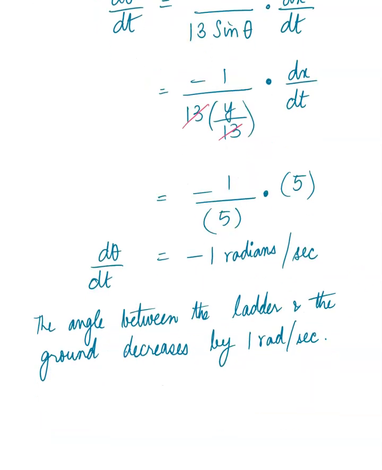Once again, the decrease is supported by the minus. So that was very nice. We got to see 3 different types of approach we can give for that one particular problem. So we used the Pythagorean theorem, we used the area of a triangle, and we also used trigonometry to find the rate of change of the angle.